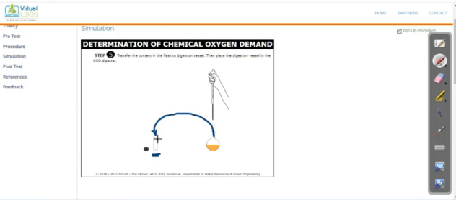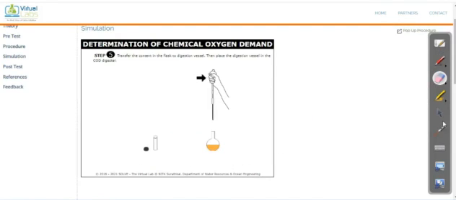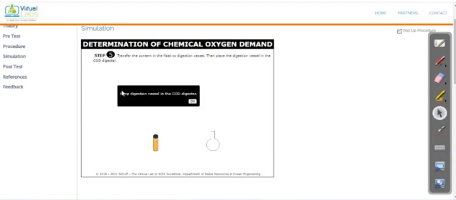It is one glass borosilicate tube where we have to put all these solutions. Okay. So click on this arrow, click again on this arrow, keep the digester vessel in the COD digester.